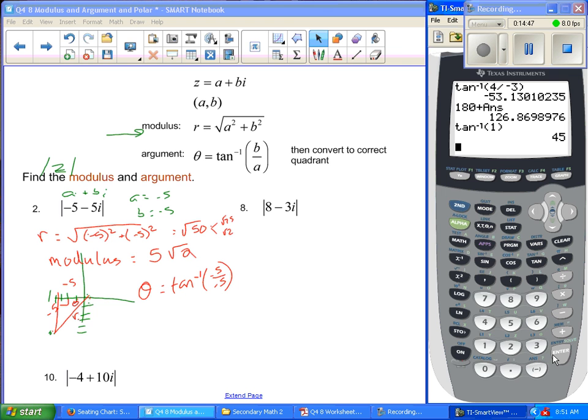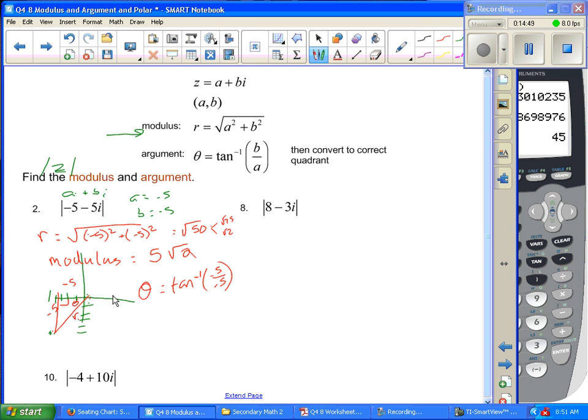Now, the argument really wants the angle from the positive x-axis all the way over to here. So that 45 degrees that I just got is just the angle right there. But I need the whole angle, so what do I need to add to 45? 180 is correct.